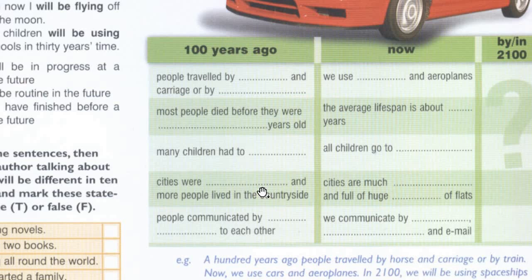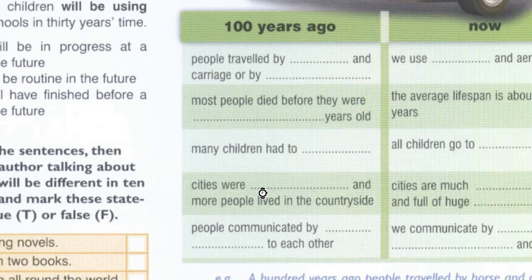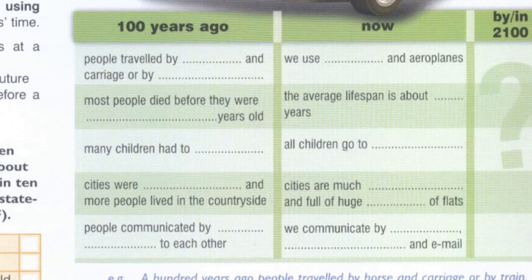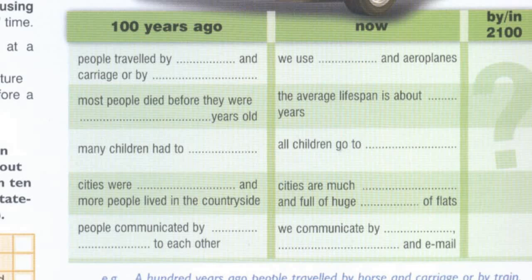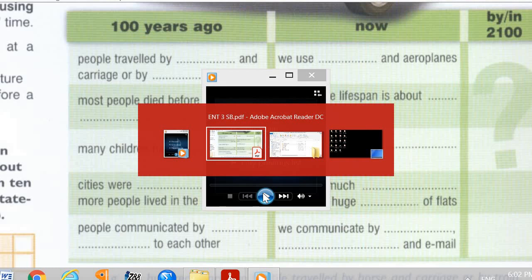I'm going to zoom it in about this size for you. On the left side, you're supposed to listen about 100 years ago, and on the right side about now. So listen and complete the sentences here.